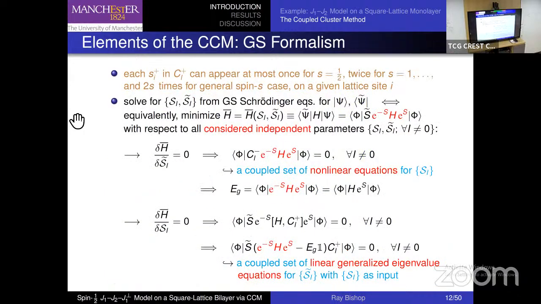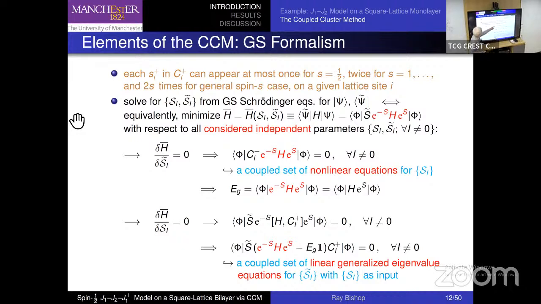Just as before, we minimize the expectation value of the Hamiltonian in terms of the sets of C numbers that we are putting in. That gives me essentially the ground state Schrödinger equations for the ket and the bra written in this CCM form.